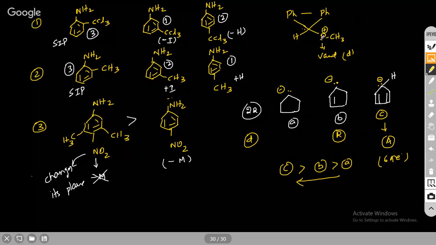In option D, we have nitrogen, which does not have a vacant d orbital, and that is why option C is the right answer here. I hope you understood this. Any other doubt, Vaishnavi?